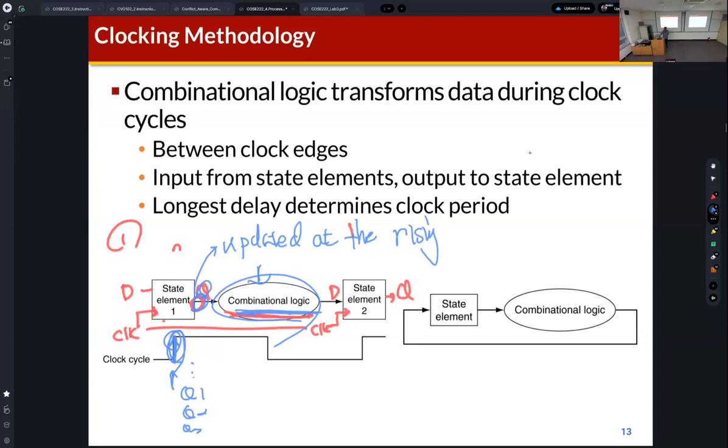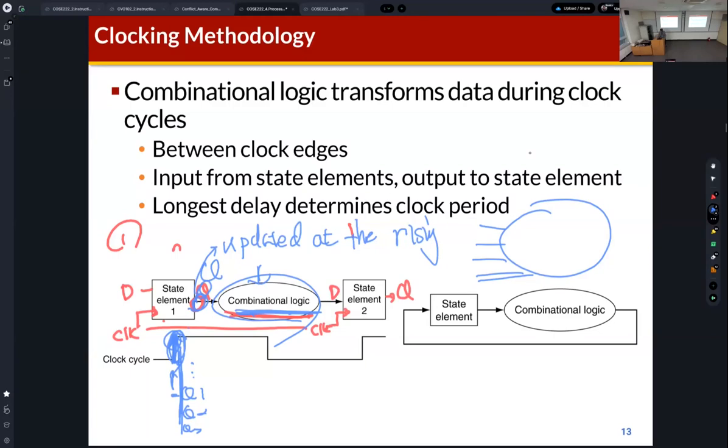Do you understand? The combinational logic can have multiple inputs, right? But in this model, the input signals of the combinational logic are the outputs of the D flip-flops. Which means that at the rising edge of the clock, the output Q of this D flip-flop is determined just right after the rising edge of the clock.